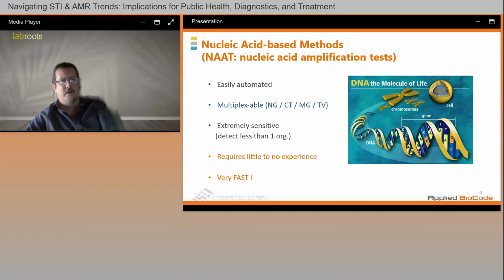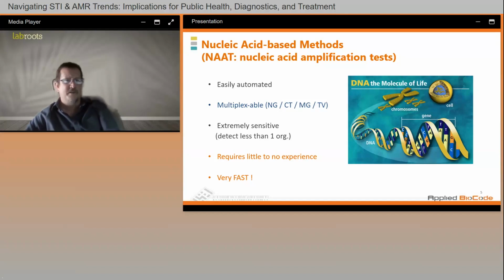And a lot of those people with those skills are retiring now. And we need to test for those things. It's a lot easier to get people that have been working in the lab for just a few months or a year to be able to do them. And so again, these methods are really easy and you can get someone up and running within just a couple of days.